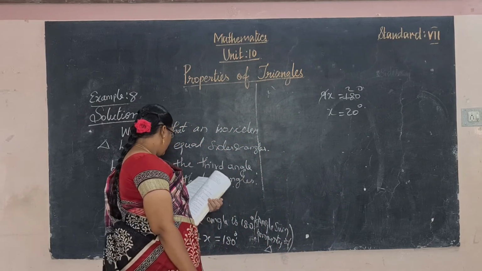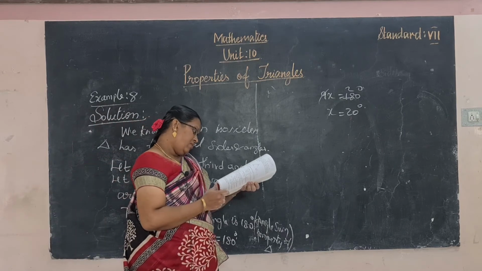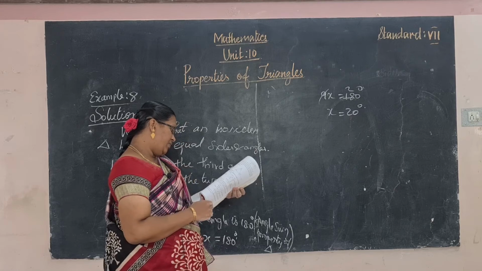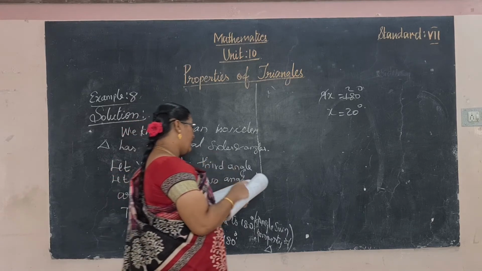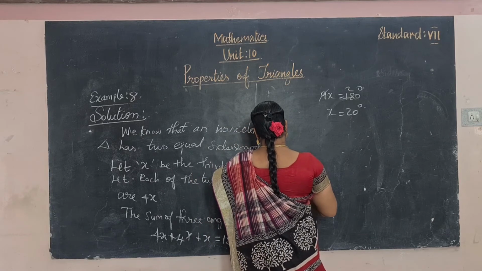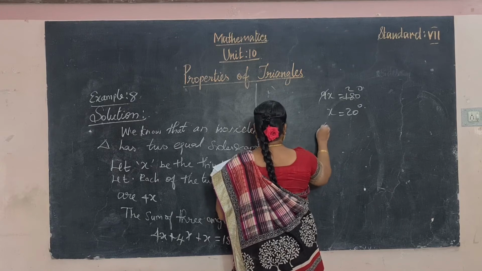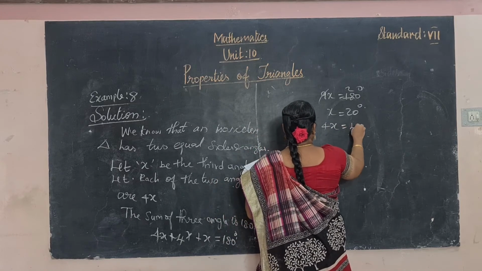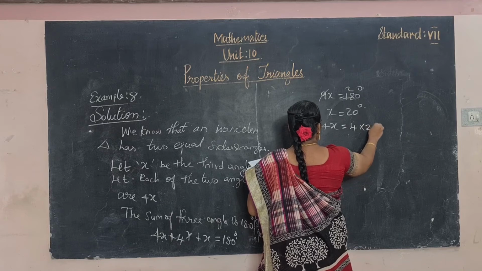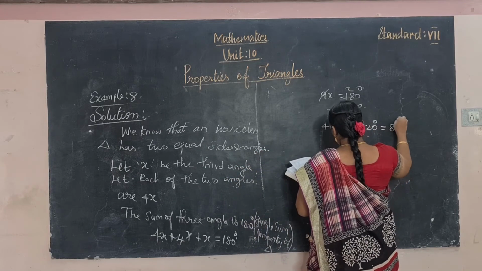Okay. Now we find each angle. Find the measures of the 3 angles of the triangle. So we have found one angle as 20 degrees. Now we find the remaining angles. 4x equal to 4 into the x value, 20 degrees. What do we get? 80 degrees.